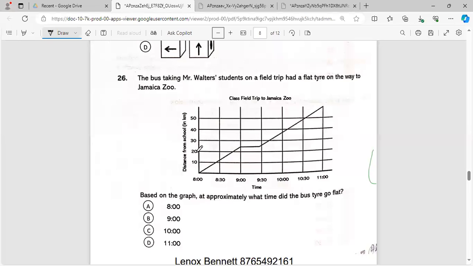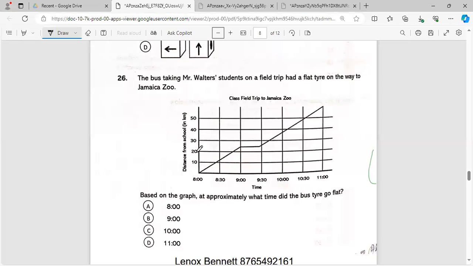The bus taking Mr. Walter's students on a field trip has a flat tire on the way to Jamaica Zoo. Based on the graph, at approximately what time did the bus tire go flat?